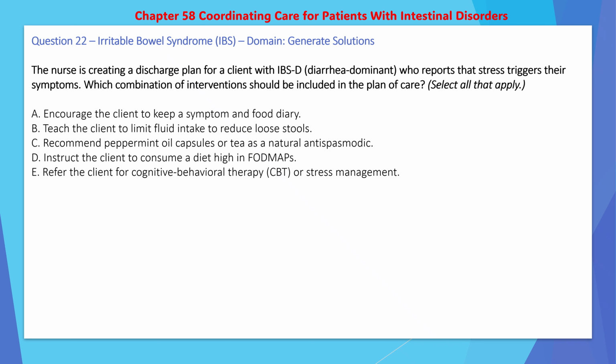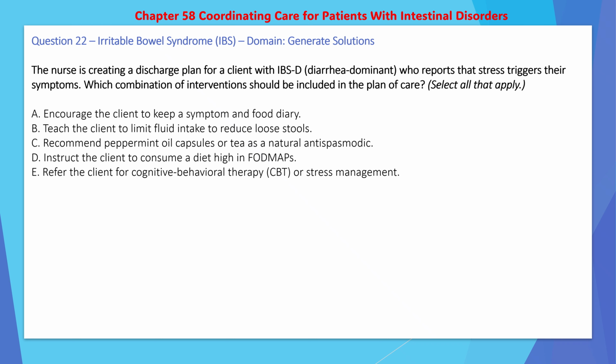We're in the last one. Irritable bowel syndrome, the IBS, domain: generate solutions. The nurse is creating a discharge plan for a client with IBS-D, diarrhea dominant, who reports that stress triggers their symptoms. Which combination of interventions should be included in the plan of care? Select all that apply.